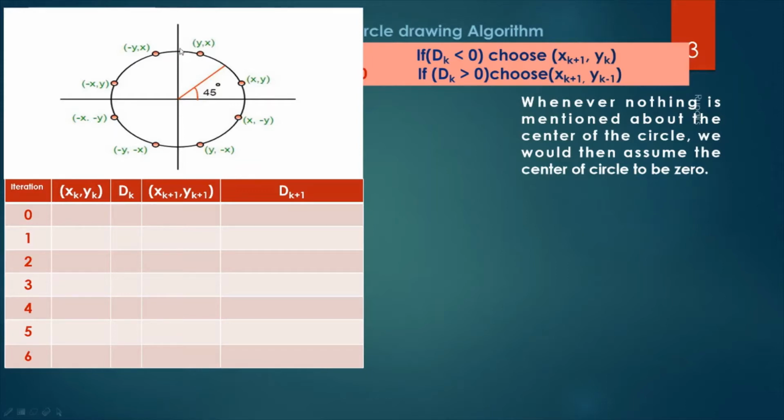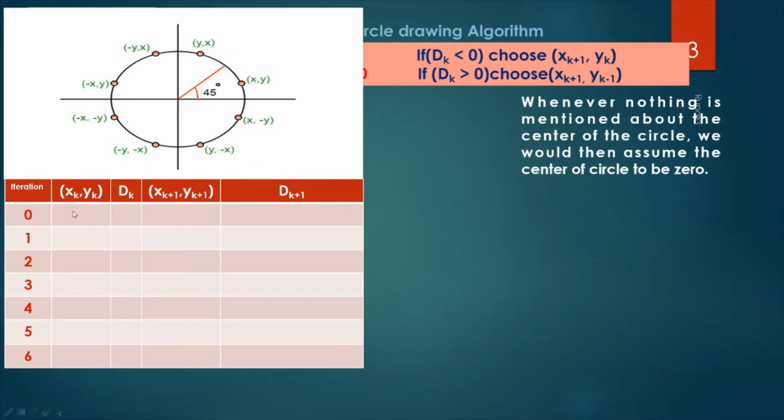This point is 0 and the radius, so (0, r). We start from (0, r), and we just draw 1/8 of the circle, this portion, and then by combination we can draw the whole circle.